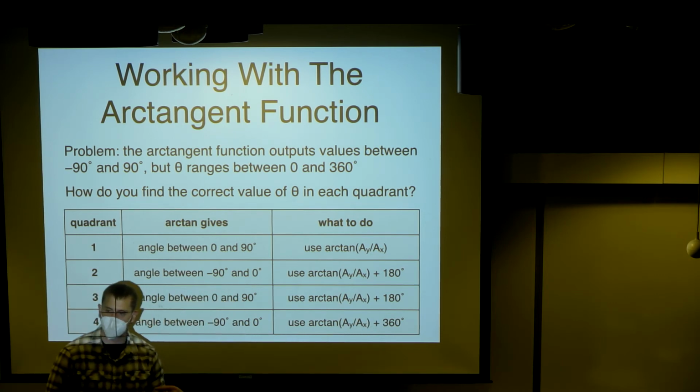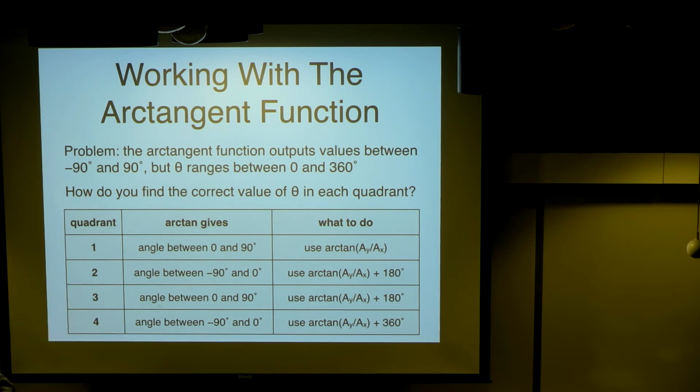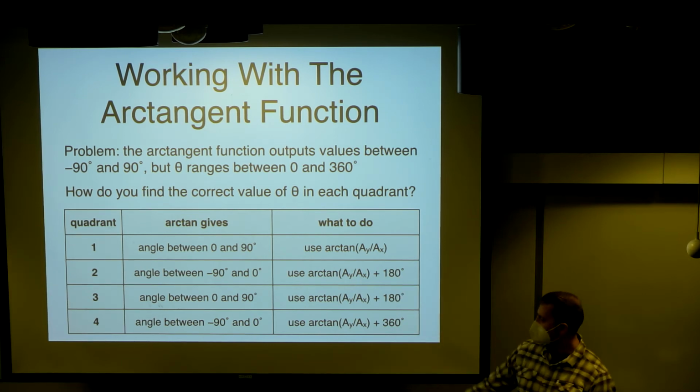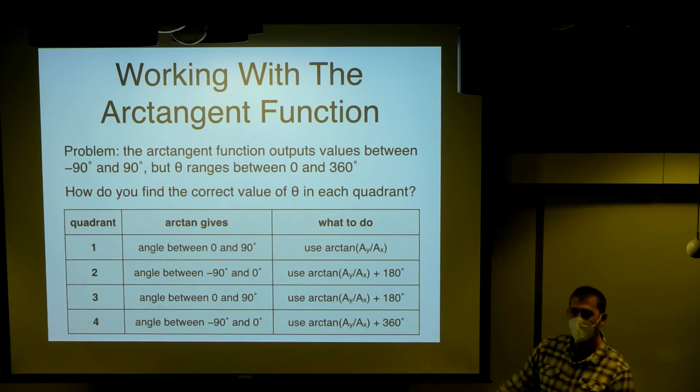So that way, our angles will be between 0 and 360 if we apply this correction. Does that make sense? All right, so just keep track of which quadrant you're in. Remember, if you're in quadrant 1, don't change anything. If you're in 2 or 3, you add 180. And if you're in 4, you add 360. That's all you need to know.